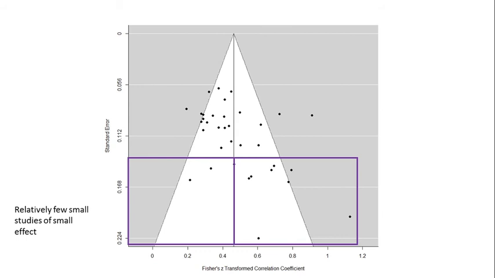But with the smaller sample sizes, that's the section that gets missed. So if you've got loads in here that are small studies of large effect, and none in here, then that might be one indication that there's some kind of publication bias going on. It doesn't mean there is, it just means that you might want to investigate it a bit more.